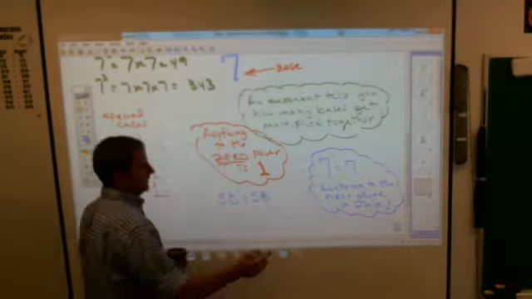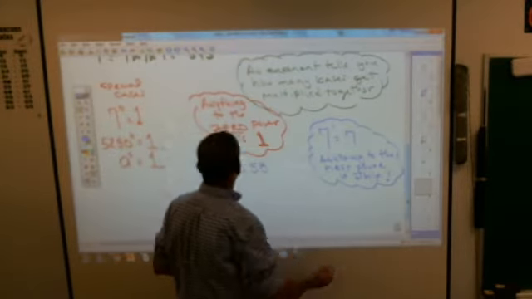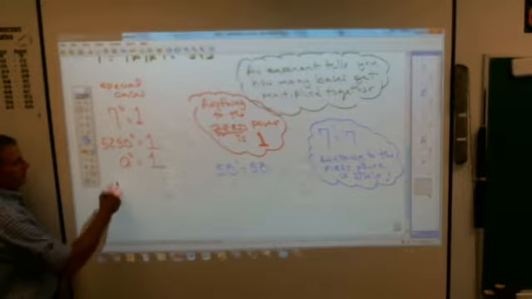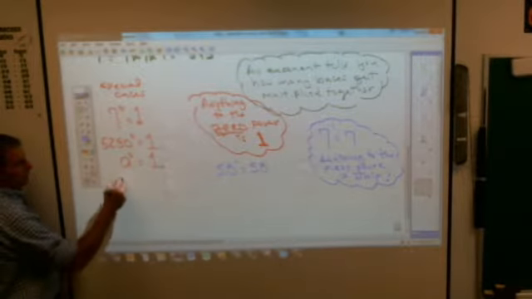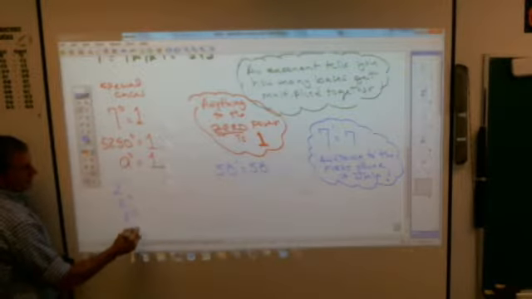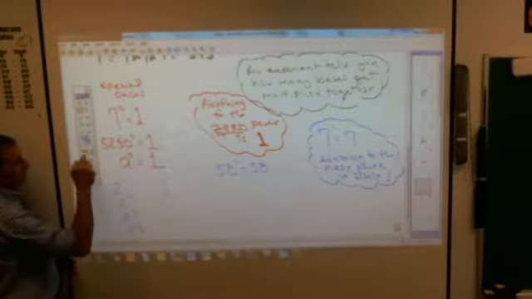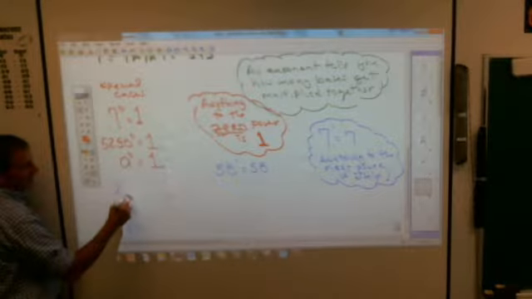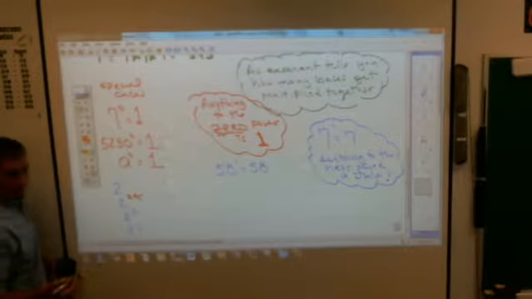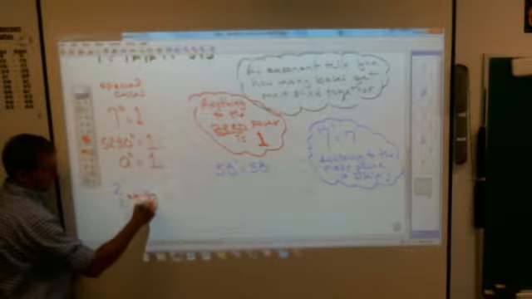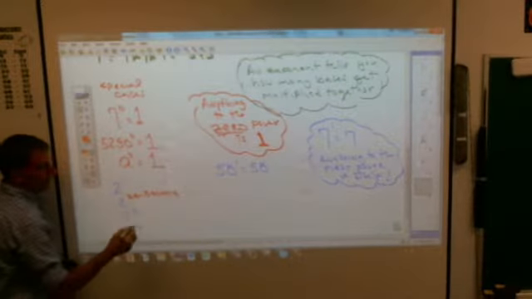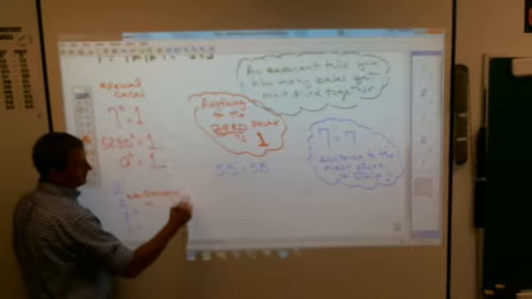And with that being said, we just have to do a couple more things with powers before we get to exponents. Let's say you have 2 to the first power, 2 to the second power, 2 to the third power, 2 to the fourth power. If it's something to the second power, a lot of times instead of saying the second power, we say the word squared. 2 squared is what this would be.